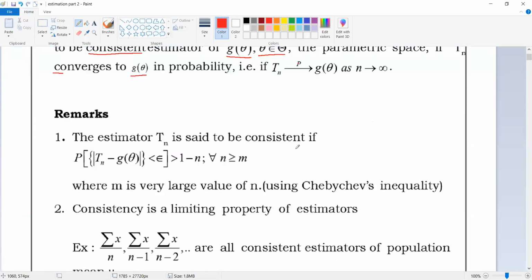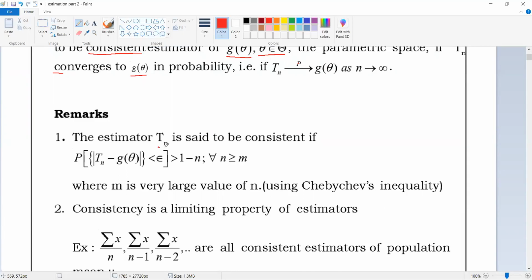Now alternatively, we have important remarks here. Using the Chebyshev inequality, we can easily identify the function of sample observations which is a consistent estimator of g of theta.